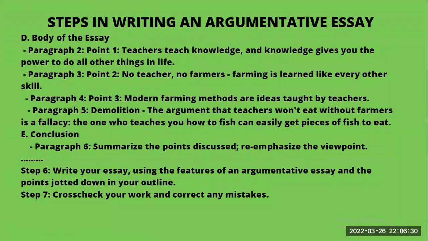So that argument is a fallacy. So that's how to demolish the opponent's argument. When your opponent has made a point, then you find a way to say that that point is a fallacy, or it is fallacious, or it is untenable, or it is false. All right, and so you demolish it.